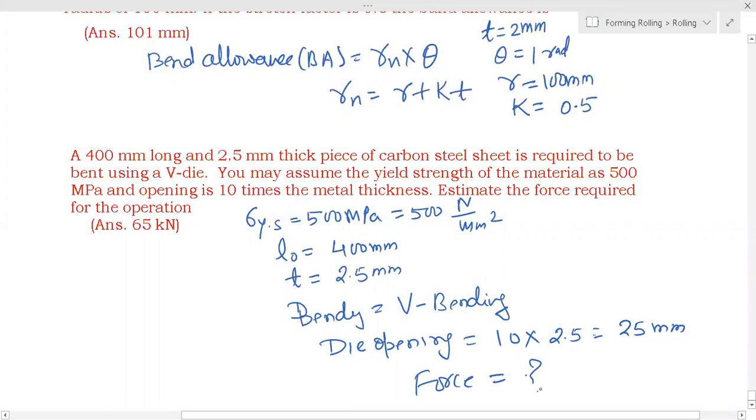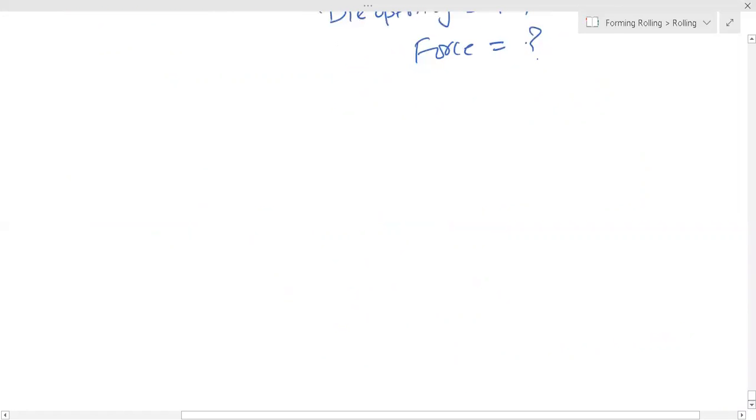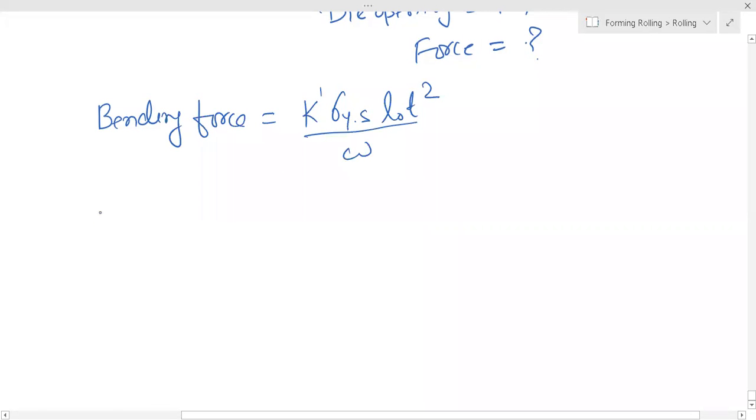Force is equal to what? So bending force is equal to K dash sigma ys L T square divided by W. K dash is for V bending, that is equal to 1.3.